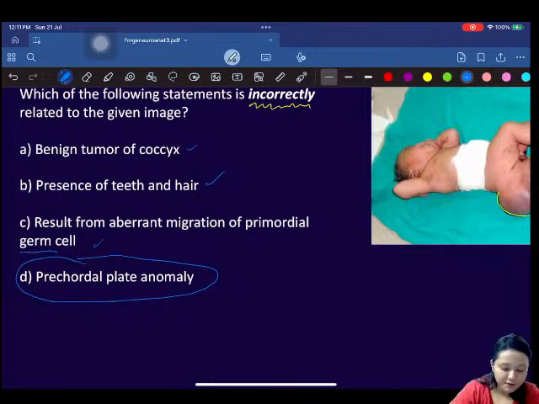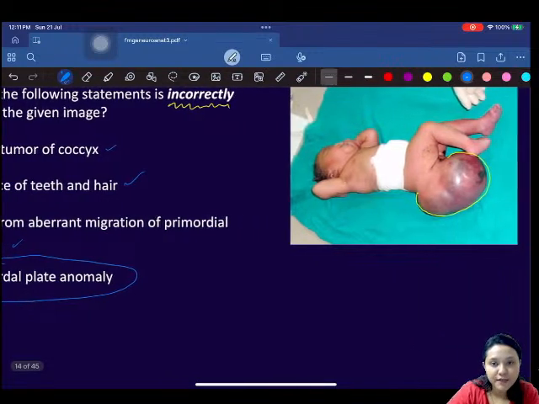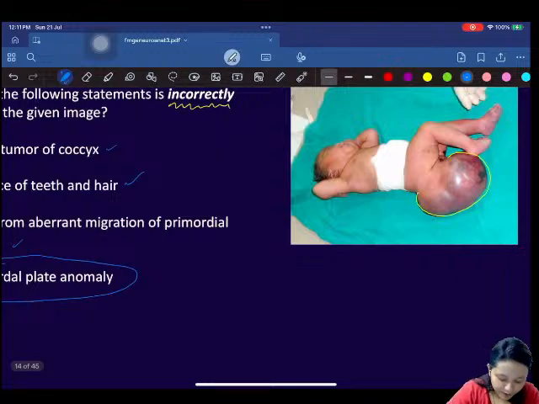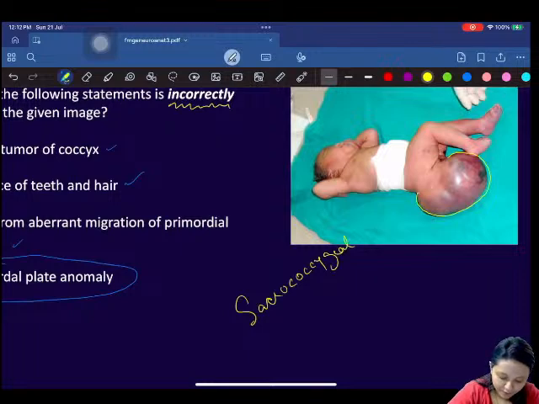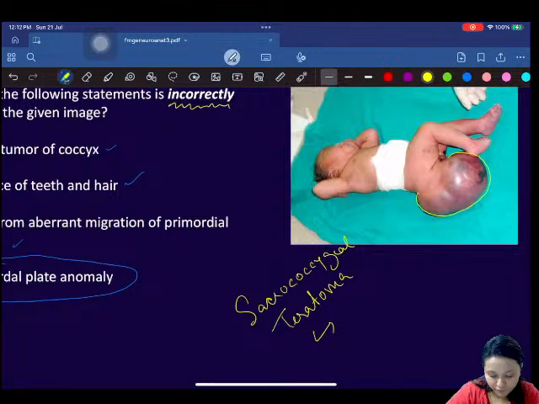So it is due to the remnant of the primitive streak. Sacrococcygeal teratoma is due to the remnant of your primitive streak.